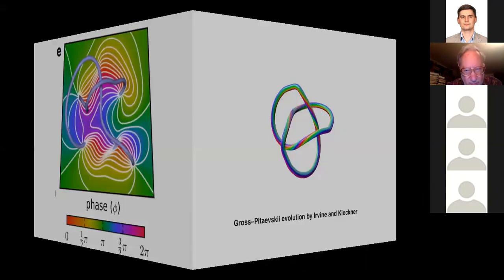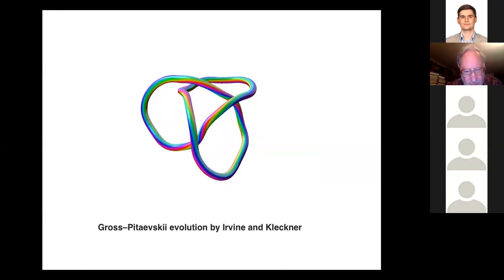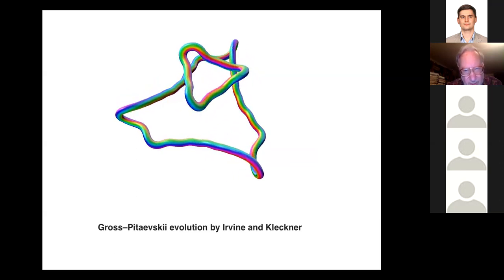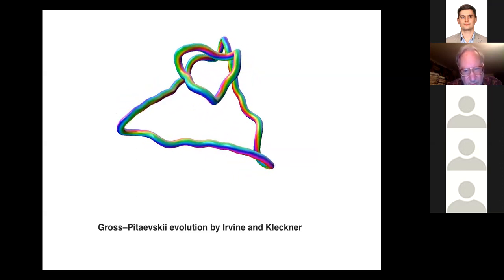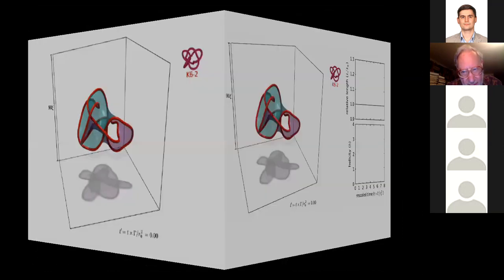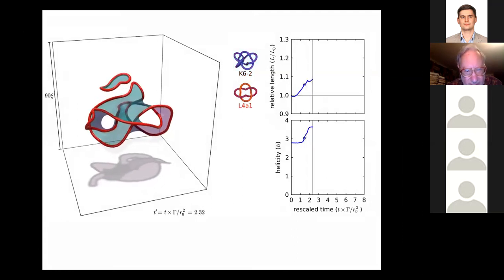So I'll do that one more time. Here's a trefoil undergoing, and in this film, it's quite simultaneous reconnection in those 3 points, and it turns into one unknotted loop. Here's a more complicated version. I'm going to start with this knot and let it undergo some reconnections.